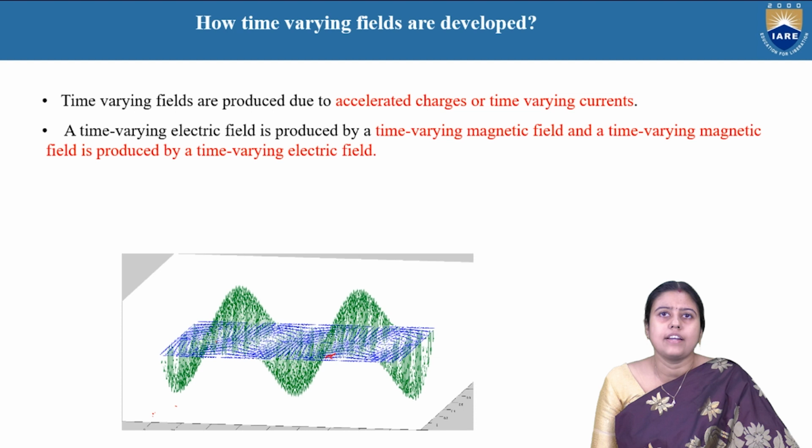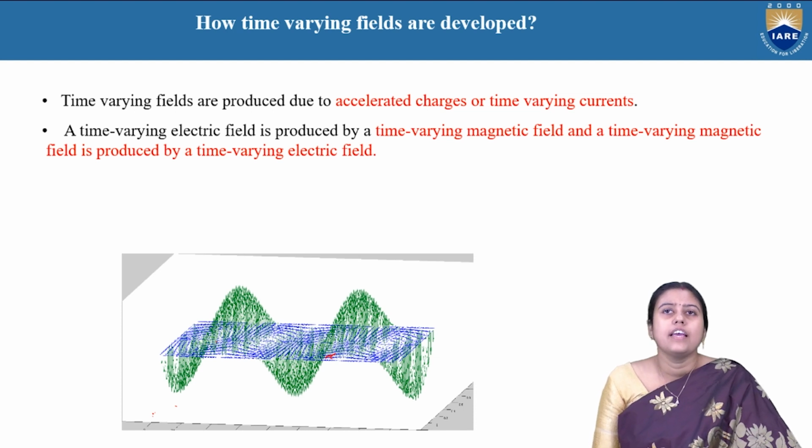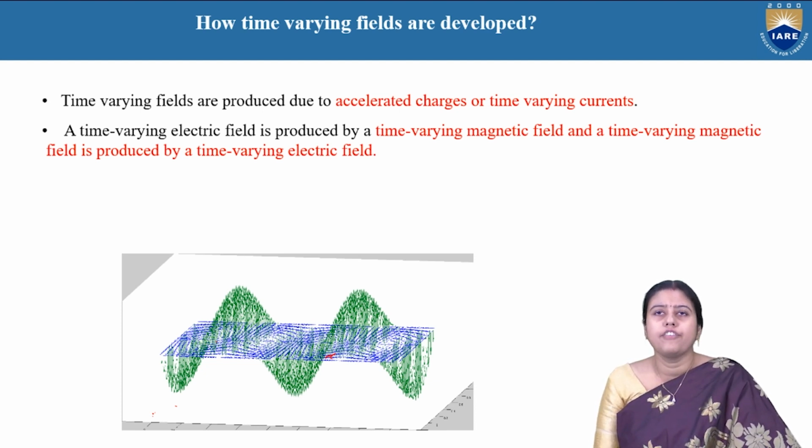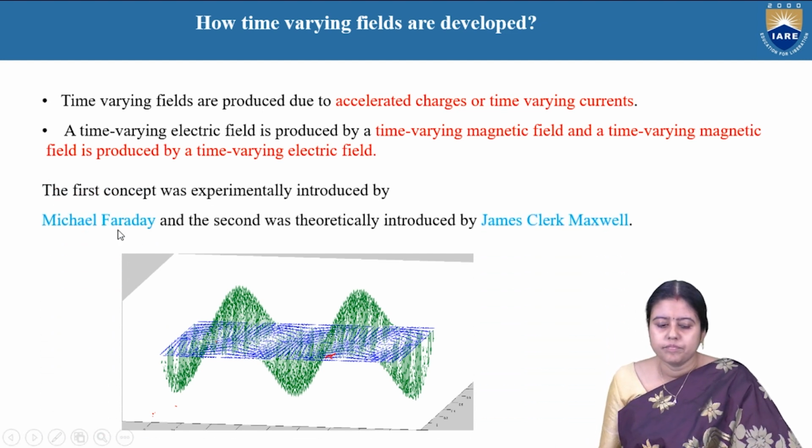If the magnetic field is continuously changing, the electric field will change, and if the electric field is changing, the magnetic field will also change.